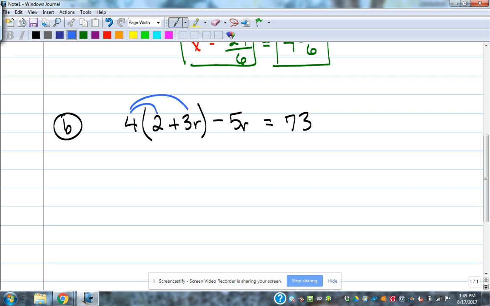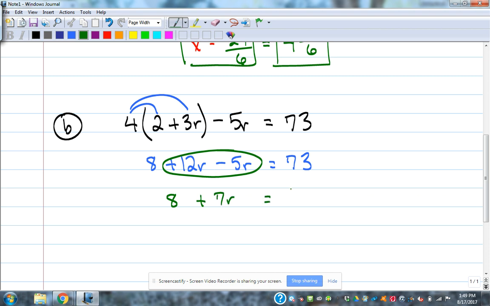Yeah, distribute the 4 that's in front of the parentheses to everything in parentheses. So that's 8 plus 12r minus 5r equals 73. Yeah, 12r minus 5r is the like term. So you got to put those together. 12 minus 5 is 7r.